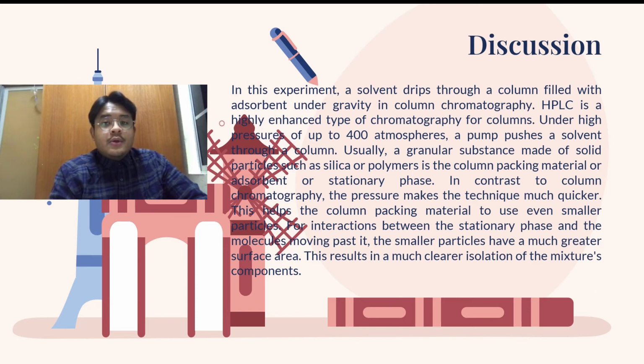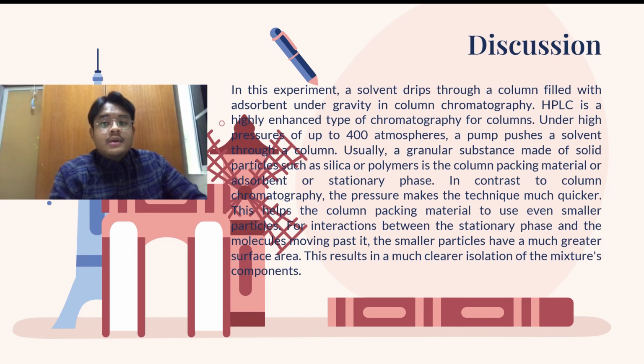Usually a granular substance made of solid particles such as silica or polymer is in the column as the packing material, absorbent or stationary phase. In contrast to column chromatography, the pressure makes the technique much quicker.